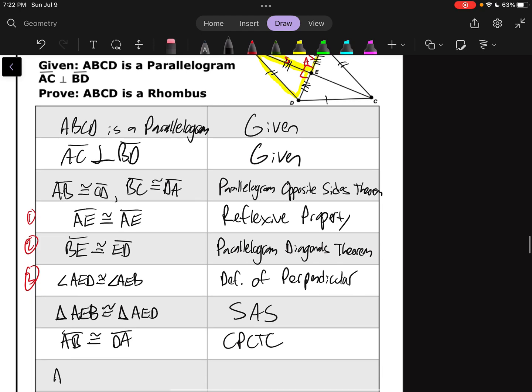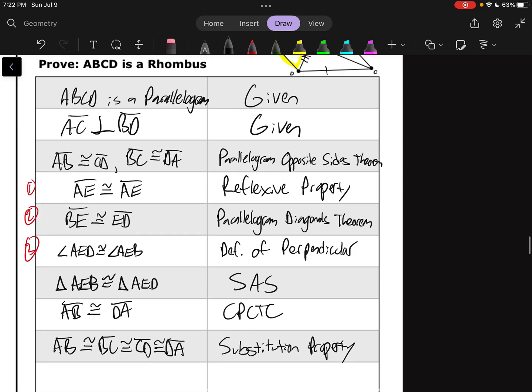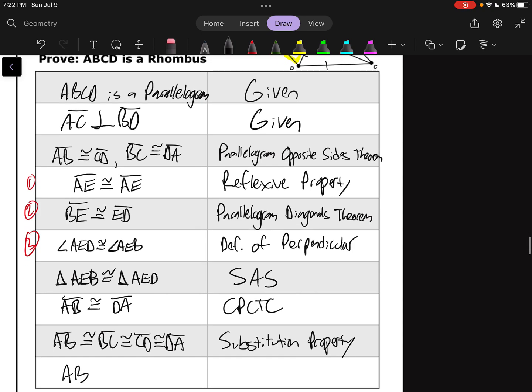So by substitution, I can say that AB is congruent to BC, congruent to CD, congruent to DA by substitution property. And that means this thing's going to be a rhombus. So ABCD is a rhombus, since we have now shown that all four sides are the same, according to definition of rhombus.